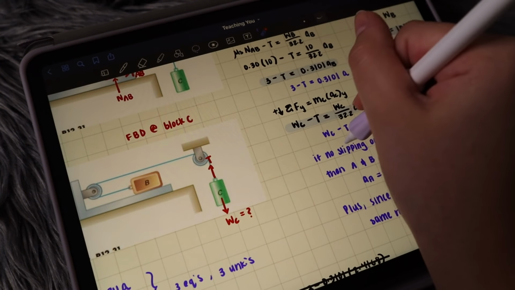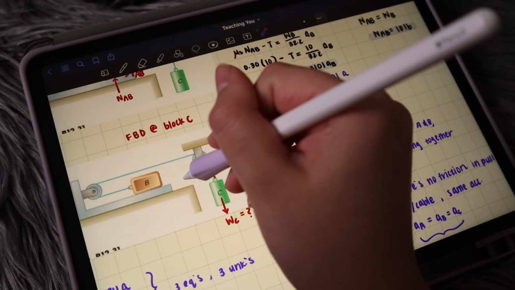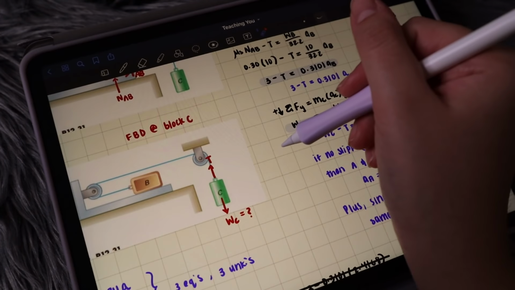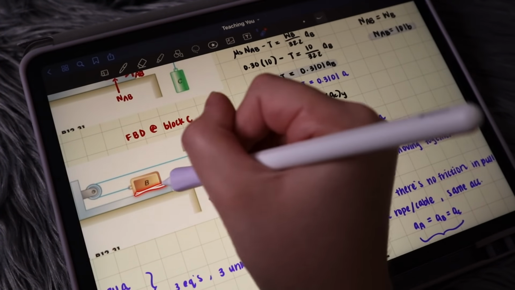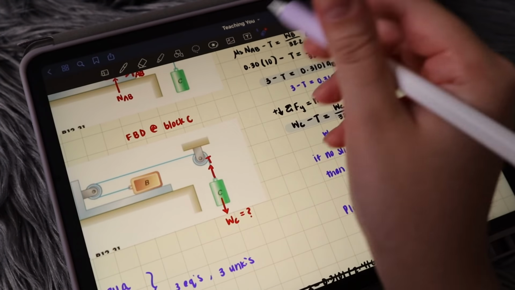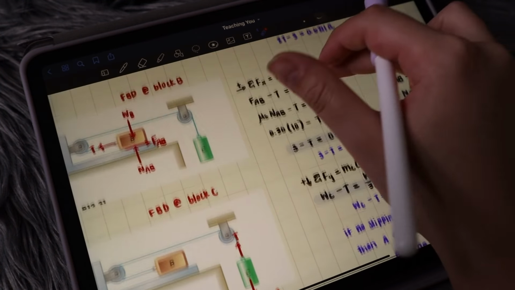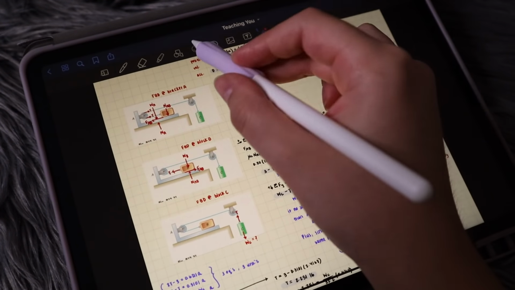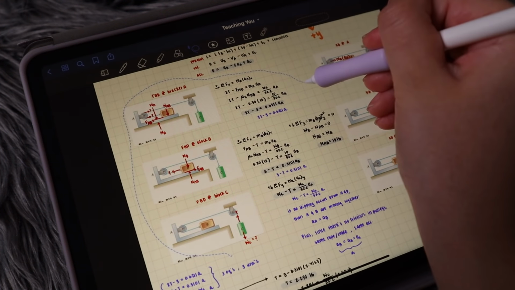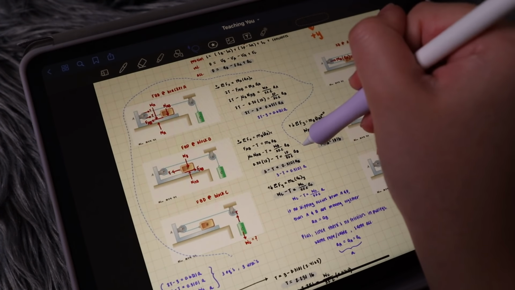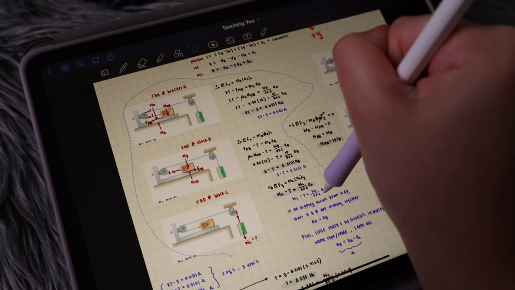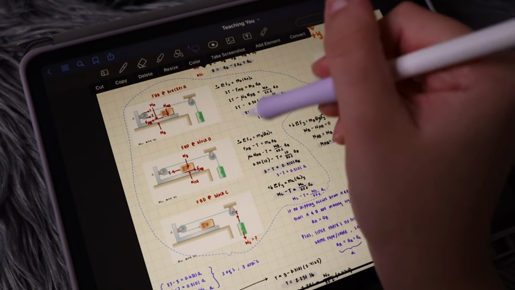So because B is now moving on bracket A, there's kinetic friction involved. So static friction was because B is not moving with respect to A, but now since it is, we're going to use kinetic friction. So I'm just going to copy everything. Let's see. I'll just copy this much.